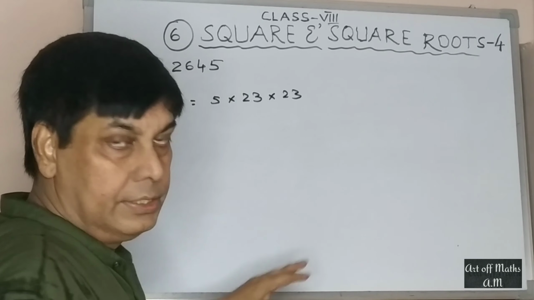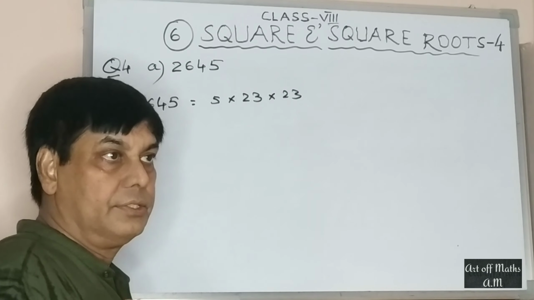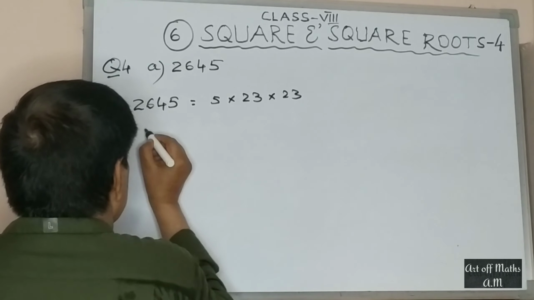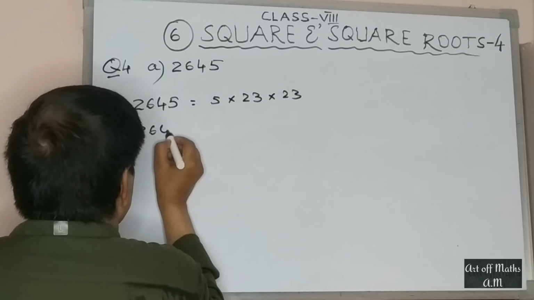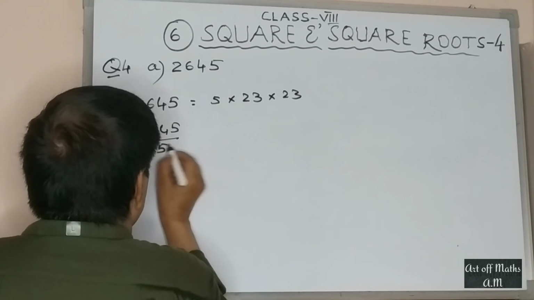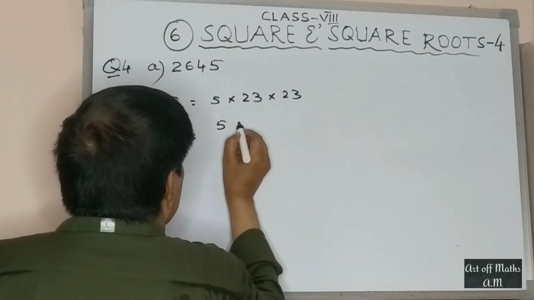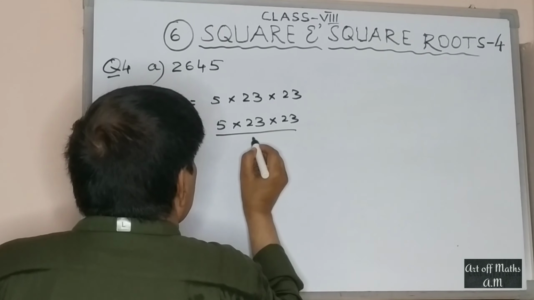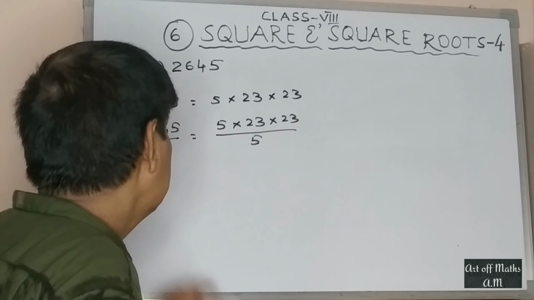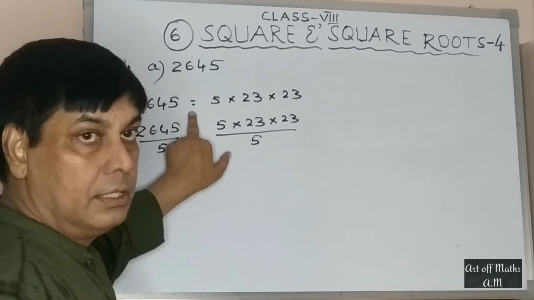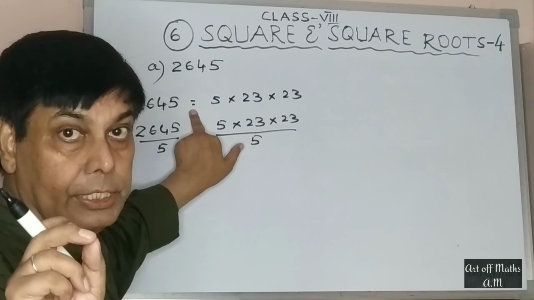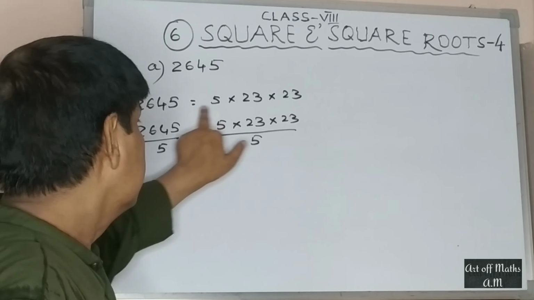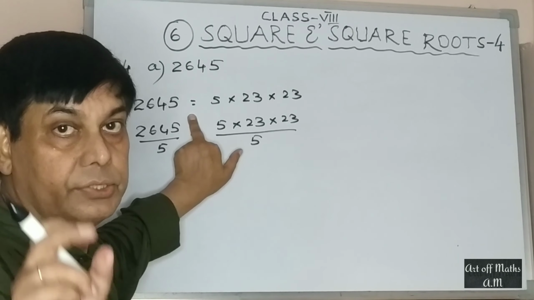So in the question it is mentioned to divide. So 2645 divided by 5 equal to 5 into 23 into 23. Both sides we have to divide, because there is an equation, an equal sign. So this is equal to this. In between there is an equal sign.